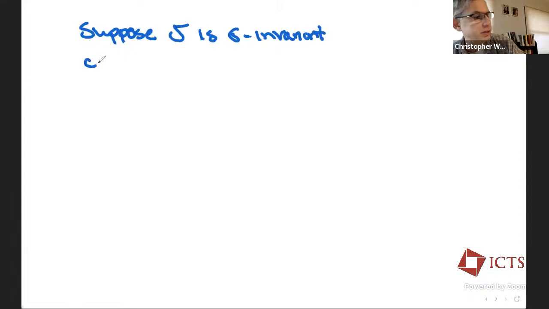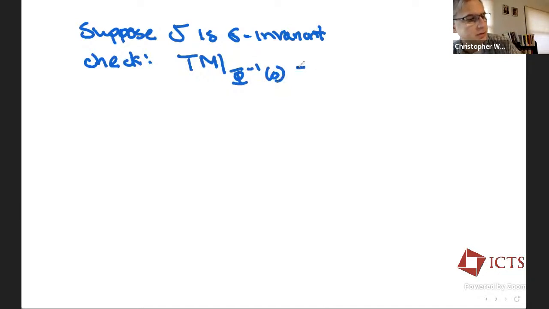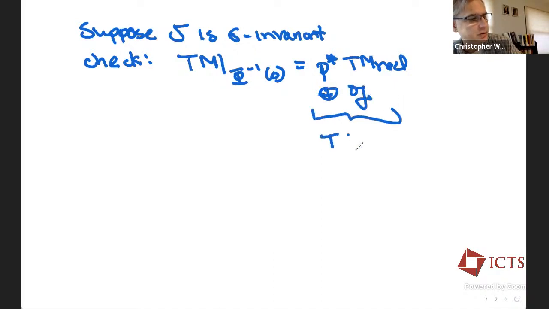So then what you can check is that if I take the tangent space to M and restrict it to the 0 level set, then this has a splitting into, first of all, a part that is just the tangent space to the level set itself.